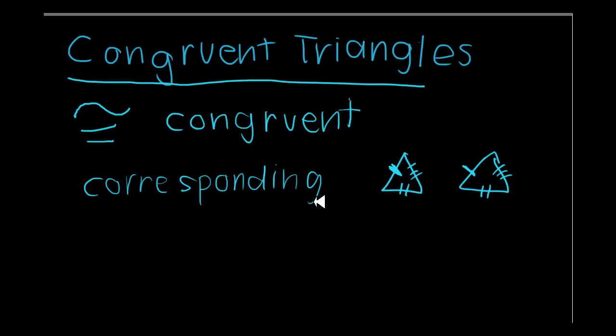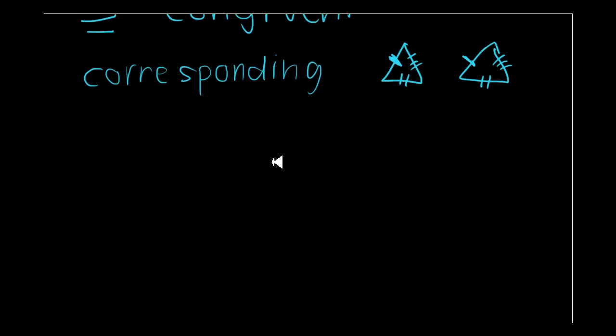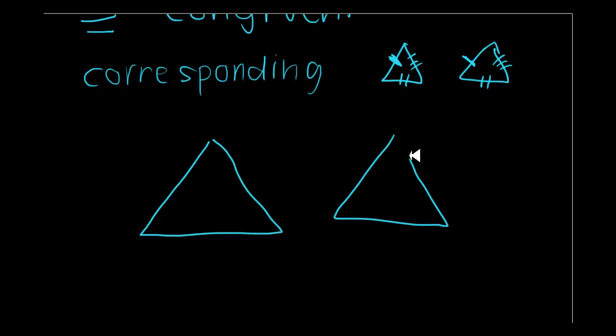So what are congruent triangles? Well, here, let me draw it out for you. If I give you 2 triangles, let's label them A, B, C, D, E, F. Now, if I say that these 2 triangles are congruent to each other, then their 3 corresponding sides have to be the same.